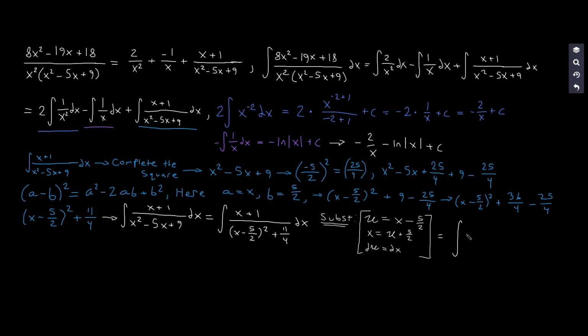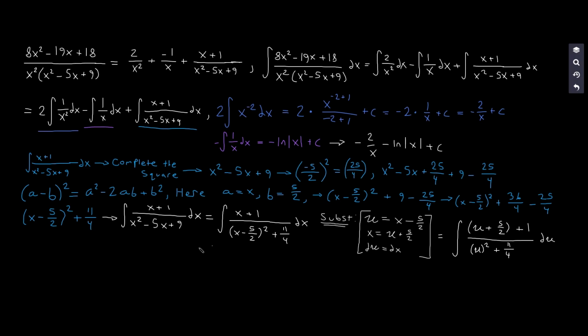Well, we know that x is equal to u plus 5 halves, and that's going to be plus 1 right there. And then in the denominator, we're just going to have u squared plus 11 over 4. And this is going to be integration with respect to u now.